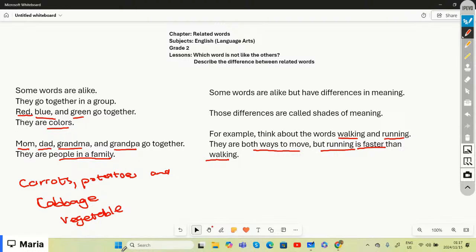All right. So now we're going to aplusstudents.ca and we are going to say which word is not like the others.